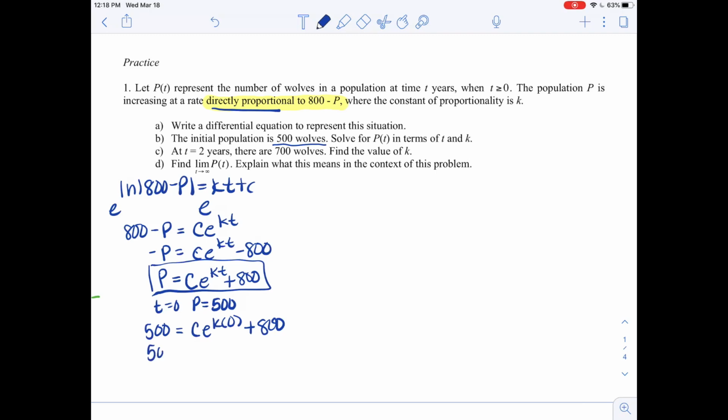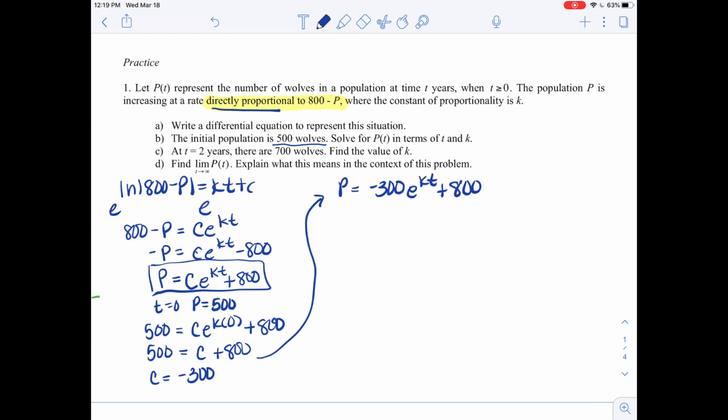And then e to the 0 power is just 1. So 500 equals c times 1, basically, plus 800, or c equals -300. Okay, so I have p equals -300 e to the kt plus 800.